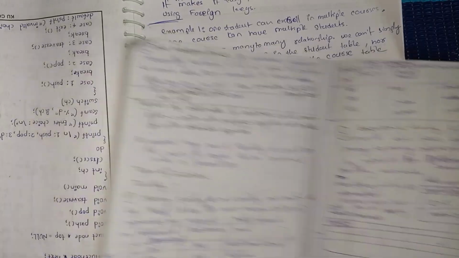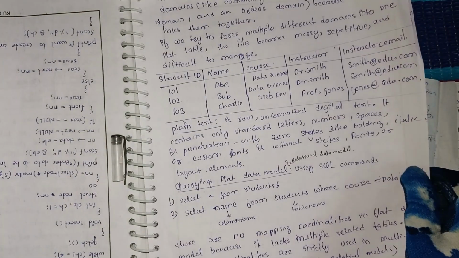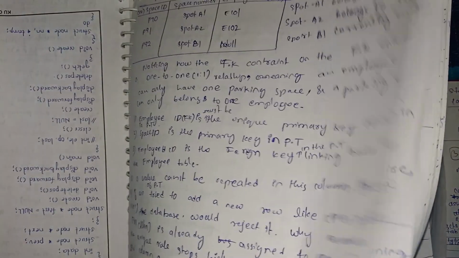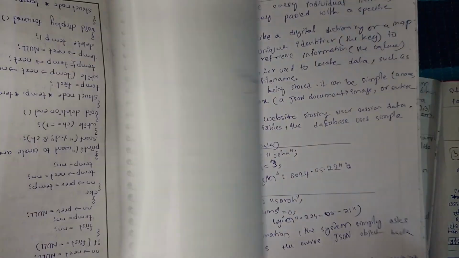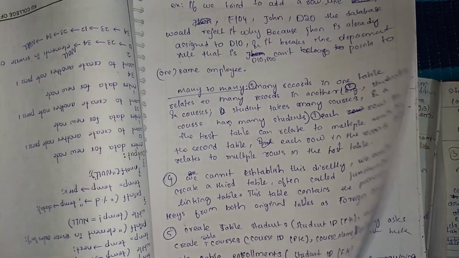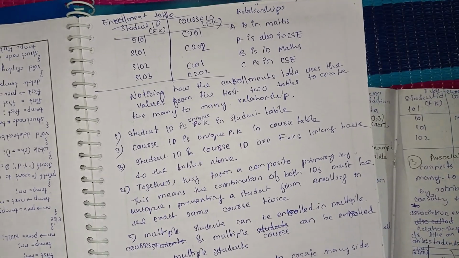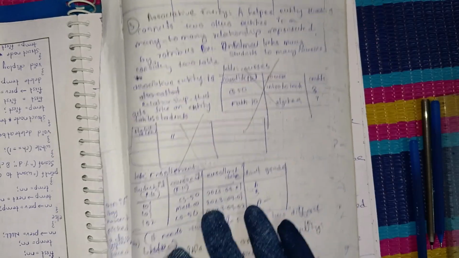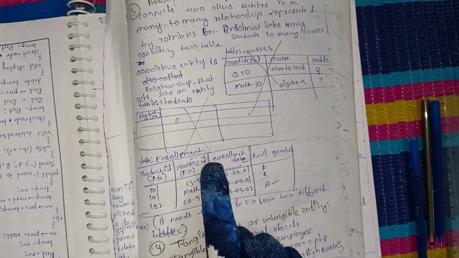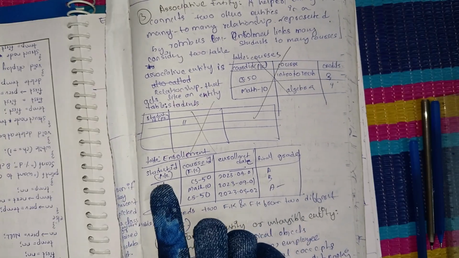Here in the many-to-many relationship enrollment table, we can observe the enrollment table with enrollment date and final grades, or student grades.